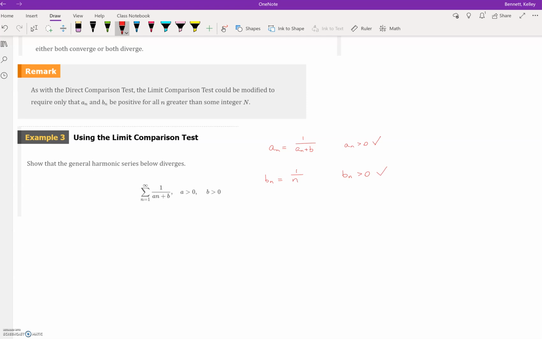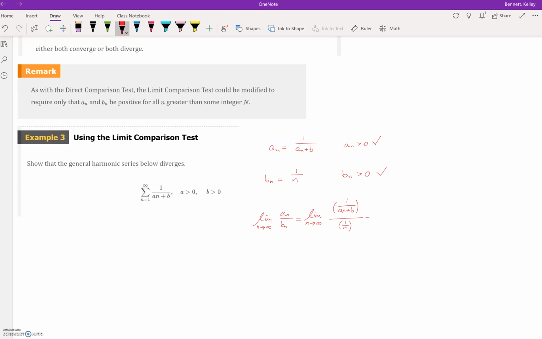And then what we need to do is apply here the limit as n goes to infinity of a sub n over b sub n. And so that's going to be the limit as n goes to infinity of 1 over an plus b over 1 over n.